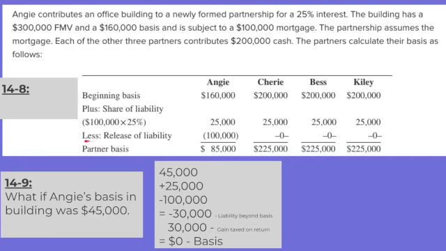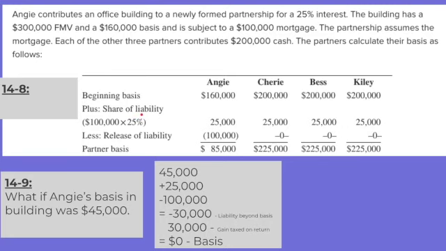So then, because she let go of a $100,000 loan, she's treated as having got cash, and that decreases her basis. So we're subtracting $100,000 from her $160,000 adjusted basis of the property. That becomes her basis in the partnership when she contributes that building.